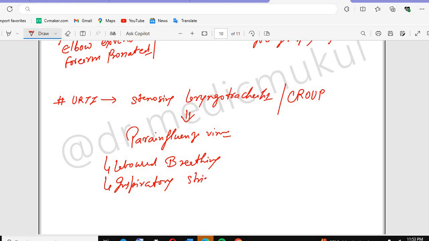So this is seen in case of stenosing laryngotracheitis, which is caused by the parainfluenza virus. What you will see: labored breathing, inspiratory stridor and barking cough. Okay, this is again a very important one.